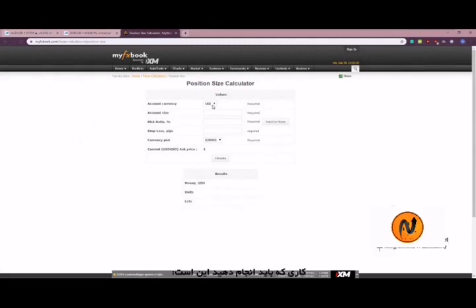Now what you're supposed to do on this page is just put inside the balance of your account. Let's make an example. Let's put 100k. You want to risk 1%. Now, how many pips is your stop loss and which currency pair are you trading?